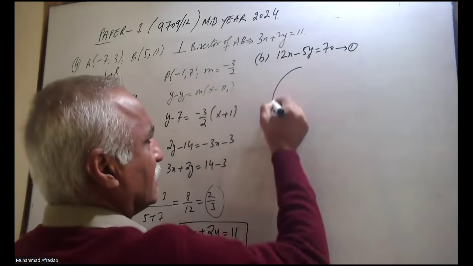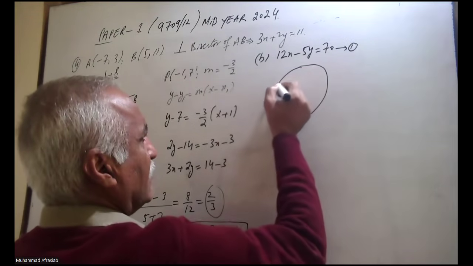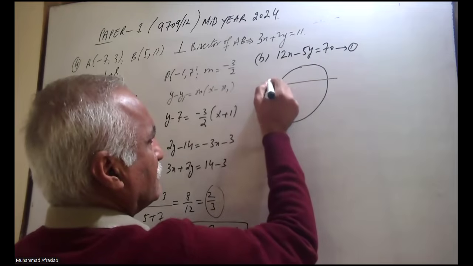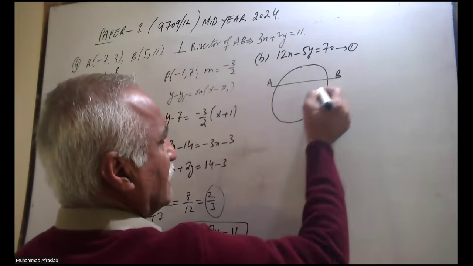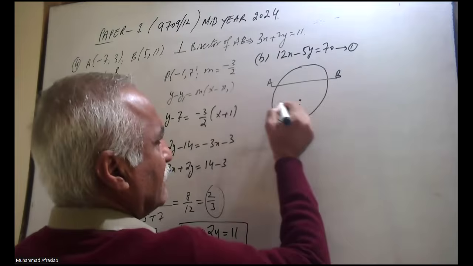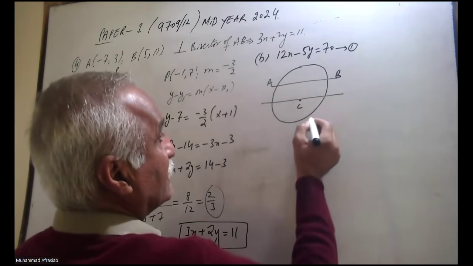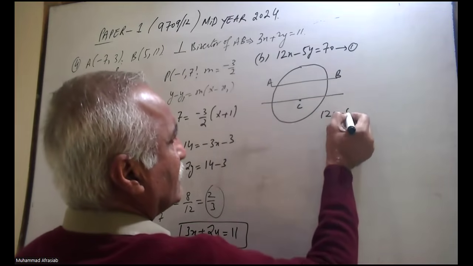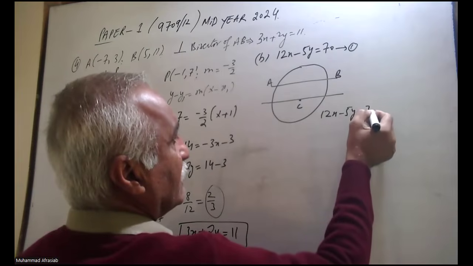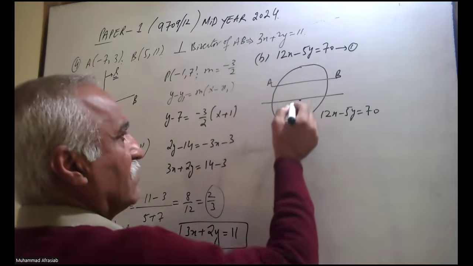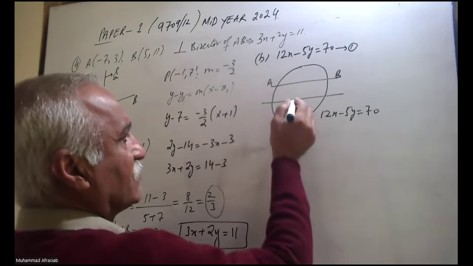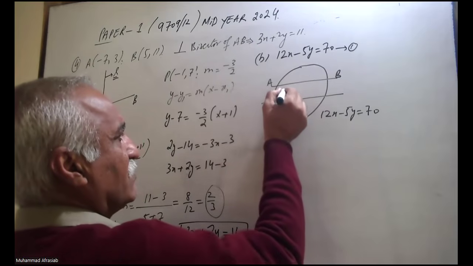Let's say this is the circle. It passes through the points A and B. This is the center C, and it lies on this line, which is 12x minus 5y is equal to 70. And you are going to find the equation of this circle. So that means what?